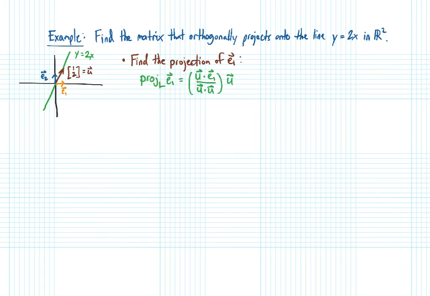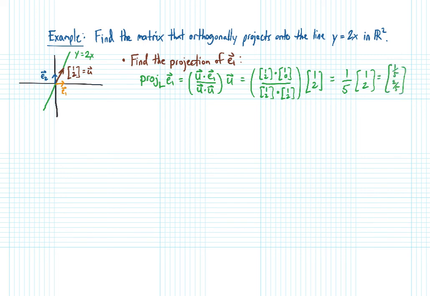So we'll just use the formula that we found in the previous slide for the projection of e1 onto L, and just put in the numbers for u and e1. And then we can calculate the dot products in this formula. And the dot product in the numerator is 1, and the dot product in the denominator is 5. So we get 1/5 times the vector (1, 2). And so that means that (1/5, 2/5) will be the first column of the matrix.